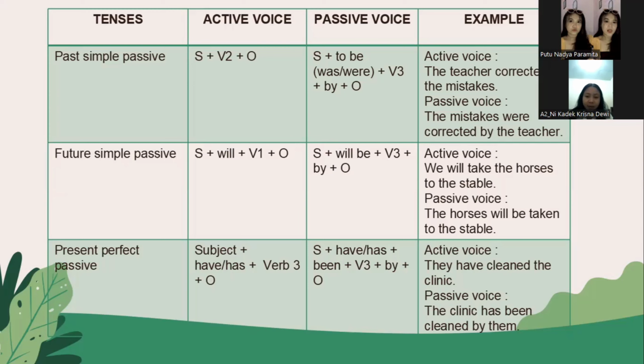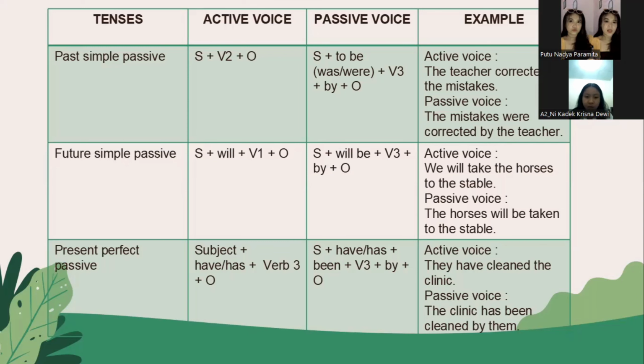The pattern for active voice is subject plus will plus verb 1 plus object. The pattern for passive voice is subject plus will be plus verb 3 plus by plus object. For the example, active voice: we will take the horse to the stable. For the passive voice: the horse will be taken to the stable.